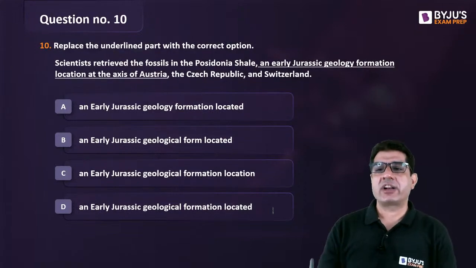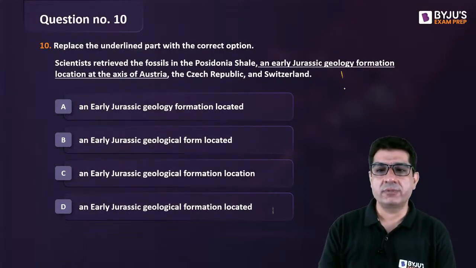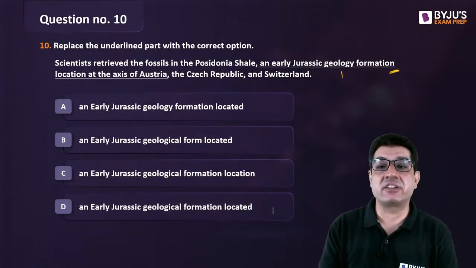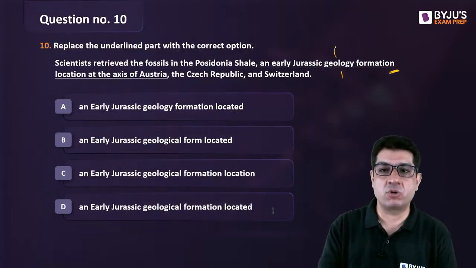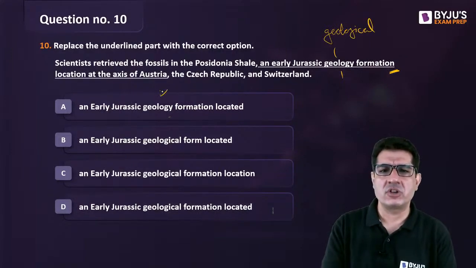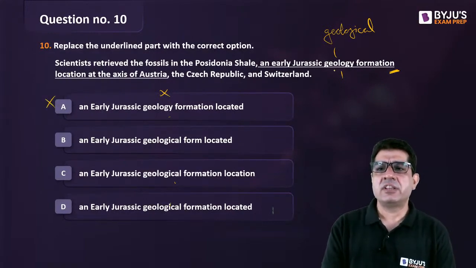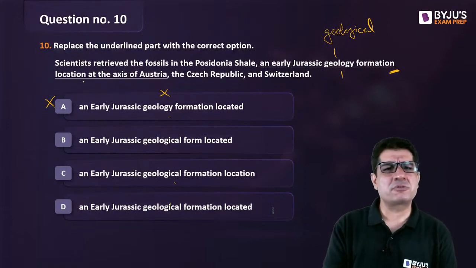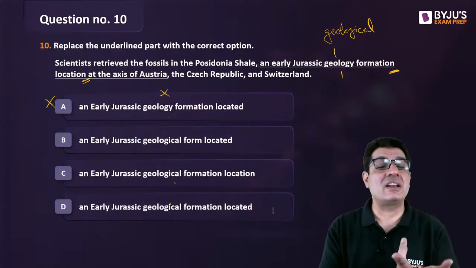Right. So there are two problems. Now, geology is a noun. It should have been an adjective, remember? So, geology formation, no. Geological formation. We need to use the correct part of speech. So, geology, no. The other three are right. So, A is ruled out by this itself. This formation location or this formation which is located.